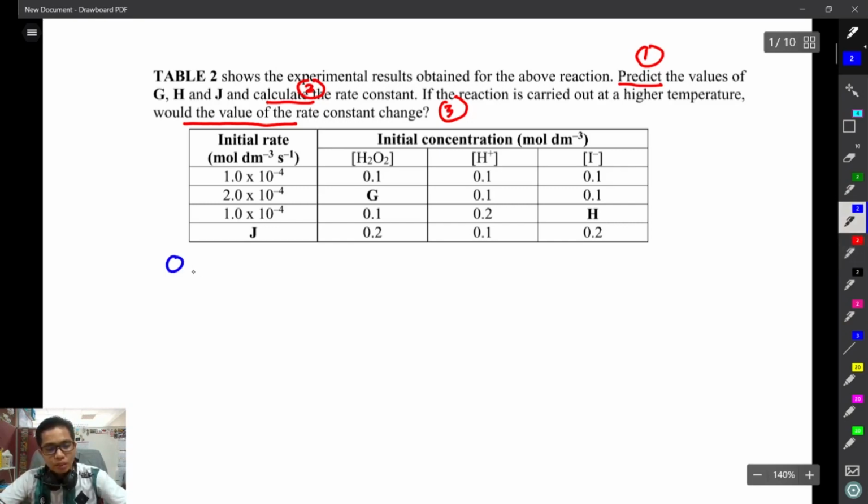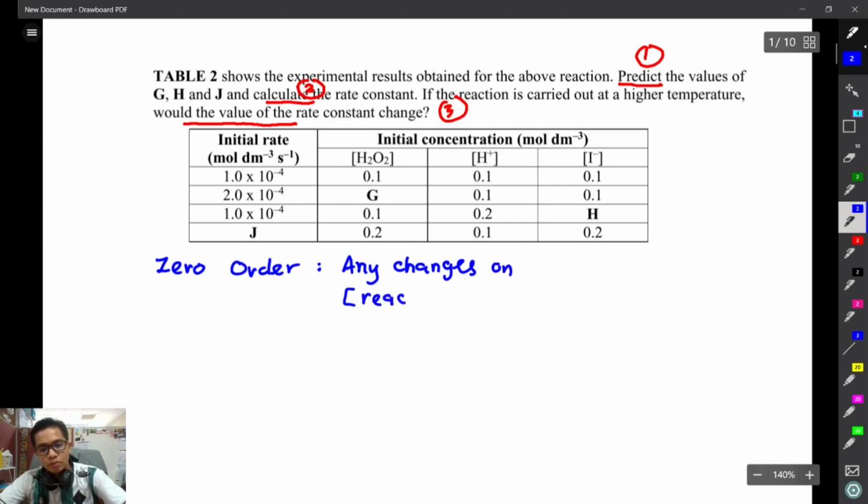For zero order, if you do any changes towards concentration of reactant, the value of rate will remain constant.